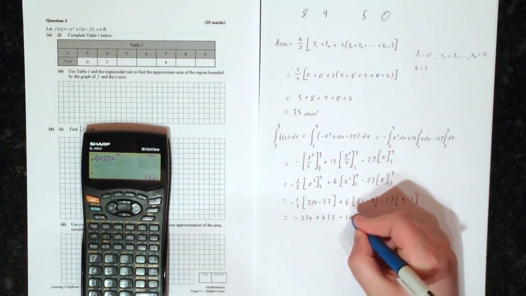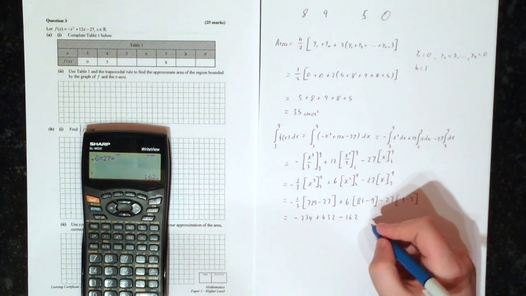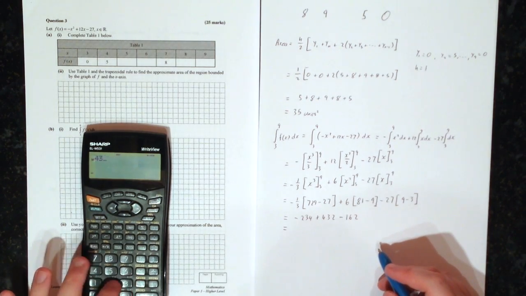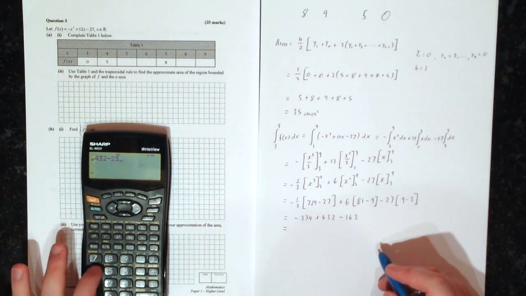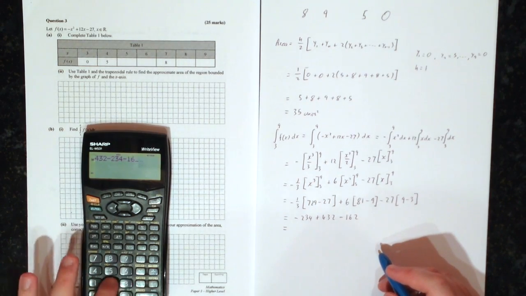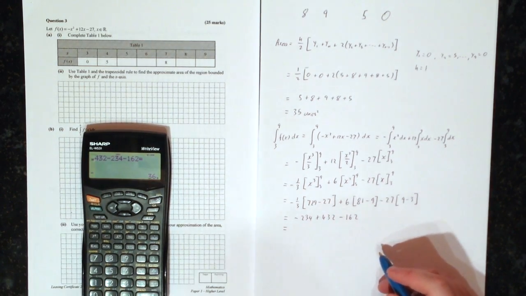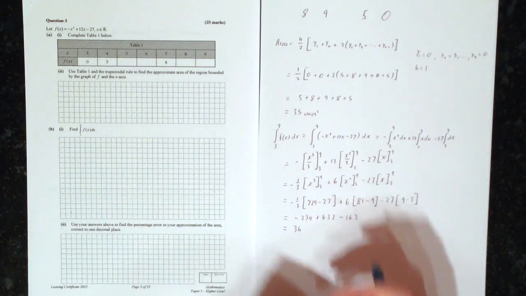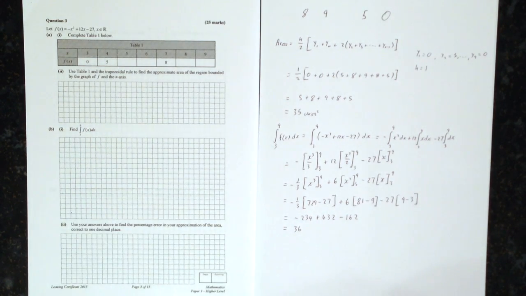That's minus 162. 432 minus 234 minus 162 is equal to 36. So the integral is equal to 36 square units.